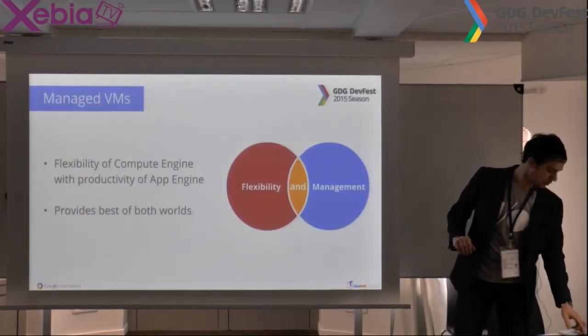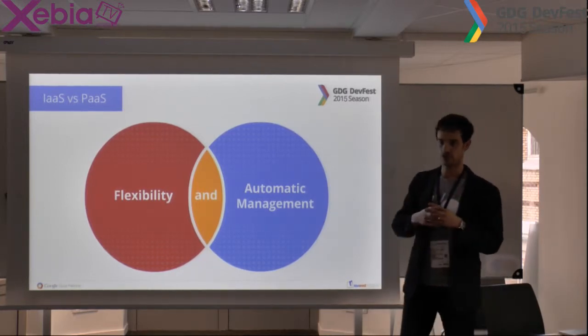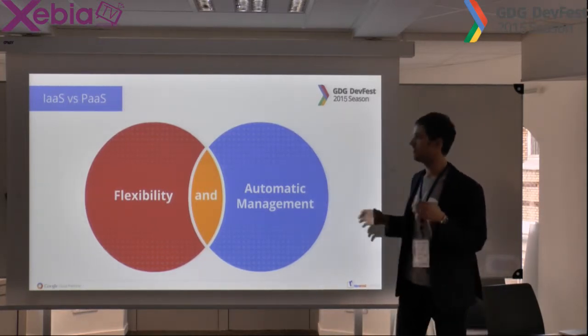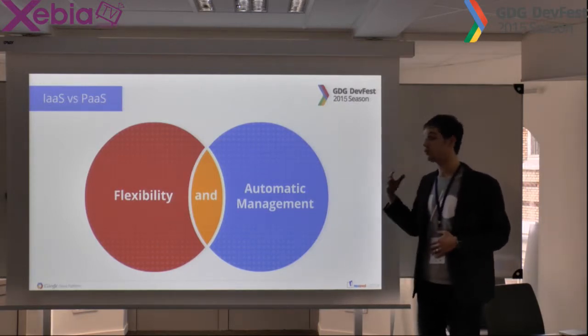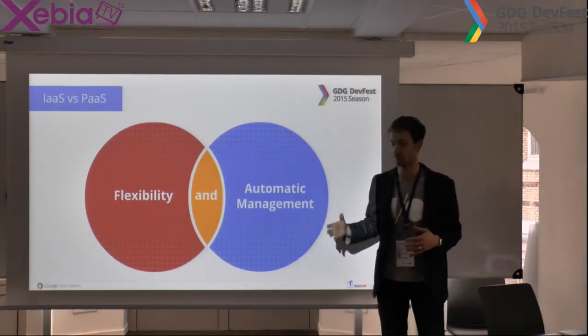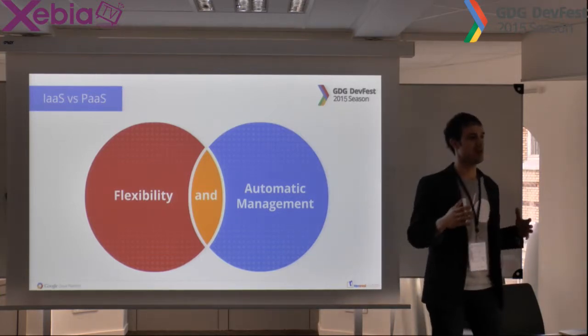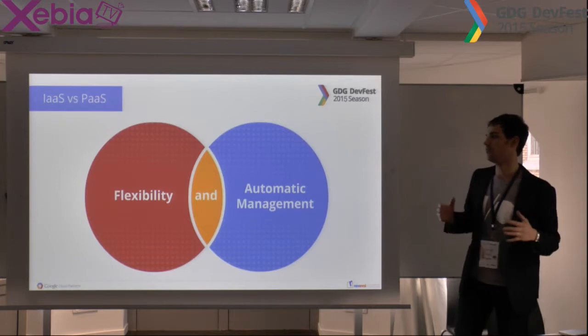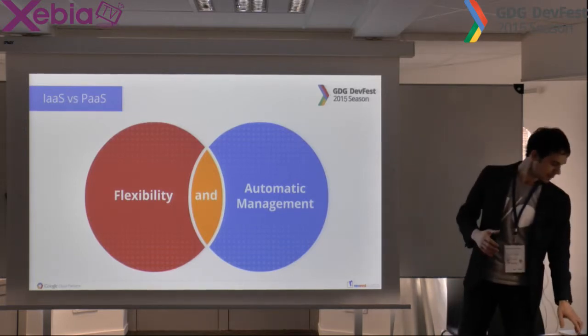But what about having a mixture between the two? What about having the flexibility of an infrastructure as a service and an automatic management of a platform as a service? This is the goal of the Managed VM feature that has been introduced by Google on Google AppEngine.